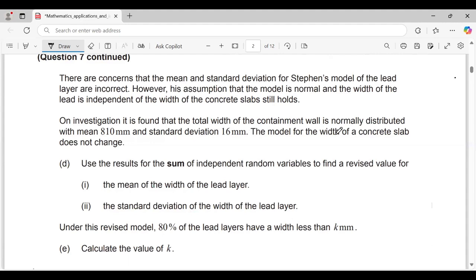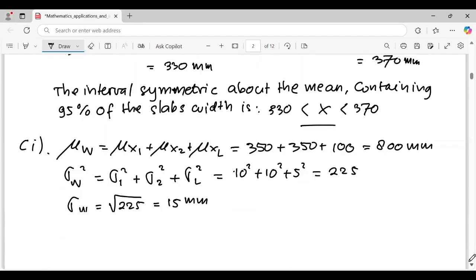The model for the width of a concrete slab does not change. Use the result for the sum of independent random variables to find a revised value for the mean of the width of the lead layer.